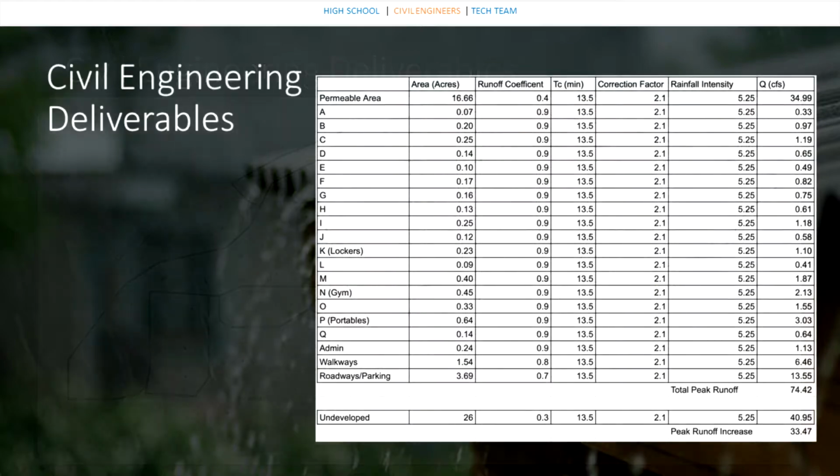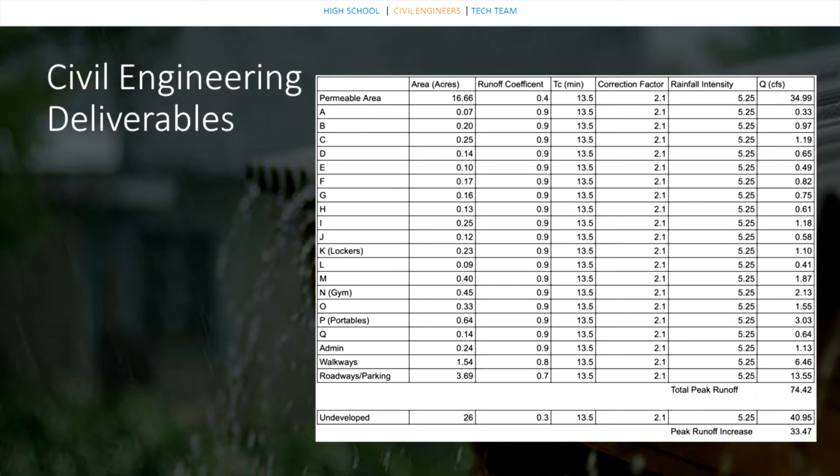And on the next slide of the civil engineering deliverables, we have each building broken up, and we have the areas of each building, as all buildings are impermeable areas, and we needed that to calculate the Q, or the flow of the water runoff.